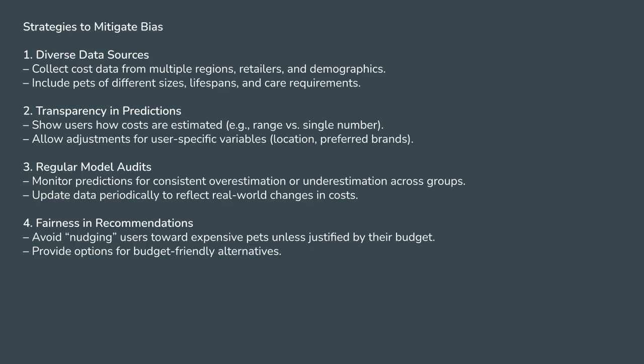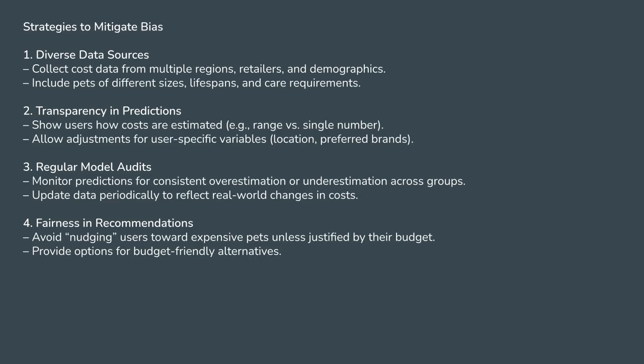Strategies to mitigate bias. 1. Diverse data sources. Collect cost data from multiple regions, retailers, and demographics. Include pets of different sizes, lifespans, and care requirements. 2. Transparency in predictions. Show users how costs are estimated, e.g., range versus single number. Allow adjustments for user-specific variables, location, preferred brands. 3.